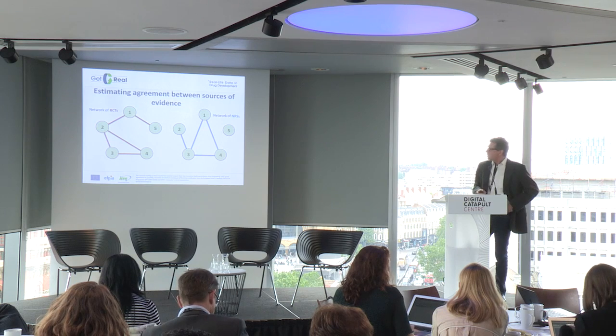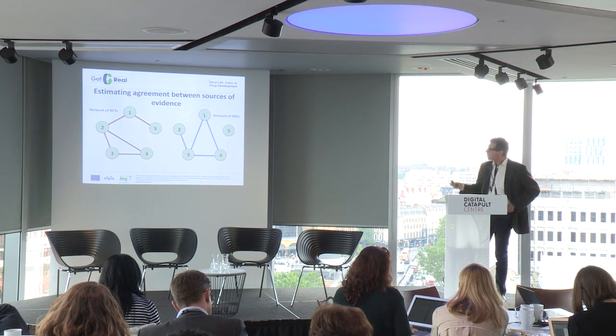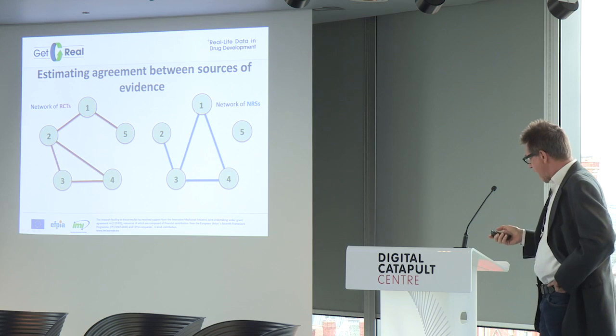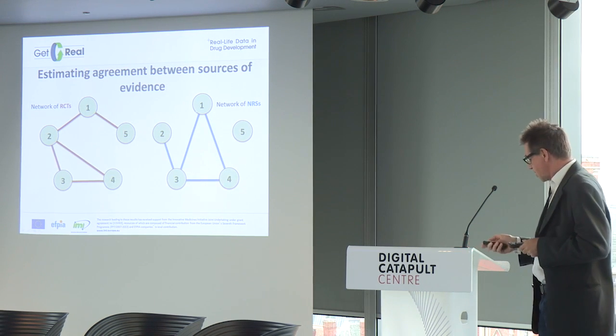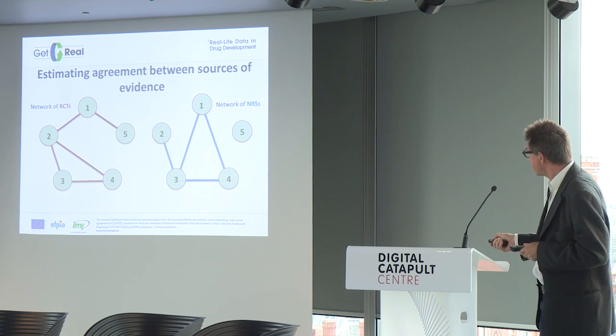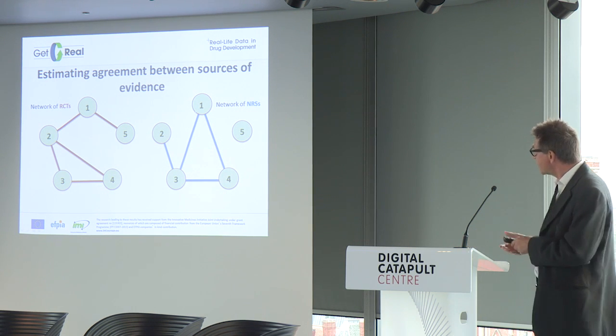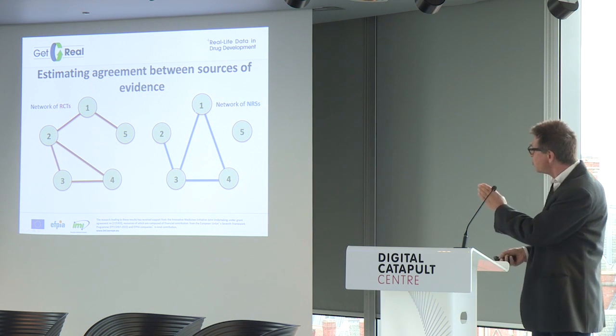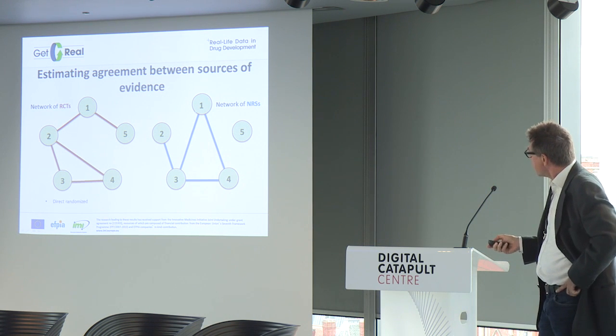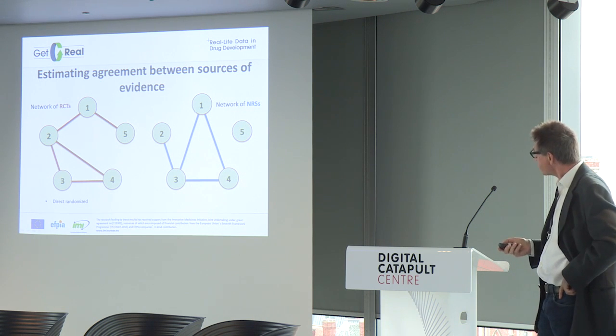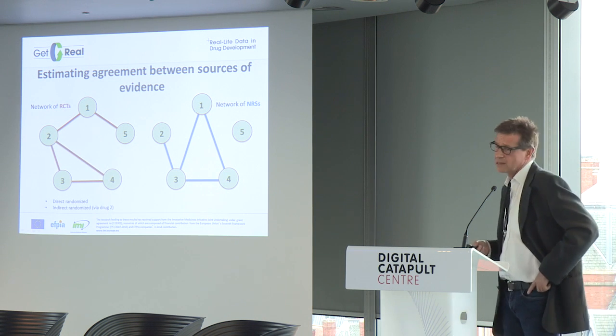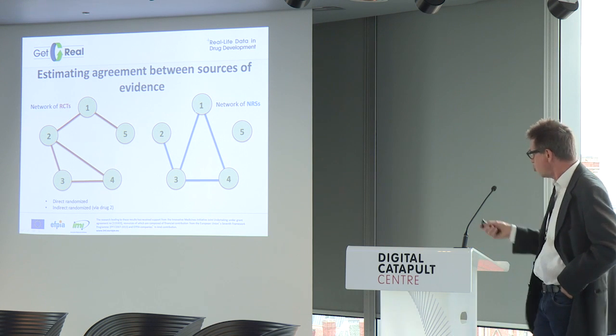Now, this is a hypothetical example of networks of RCTs and networks of observational studies. And look at the connecting lines between these nodes, and we'll just look at the comparison between 3 and 4. So in RCTs, you can have a direct randomized comparison, or look at the lines, you can have an indirect randomized comparison through drug 2 up there.